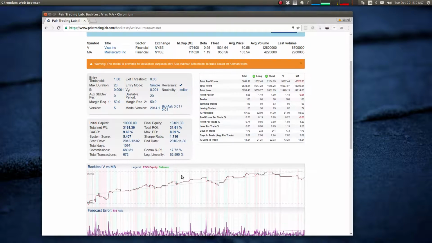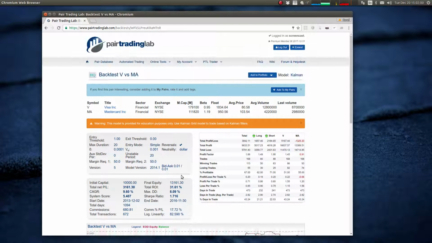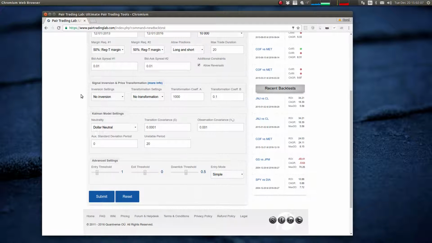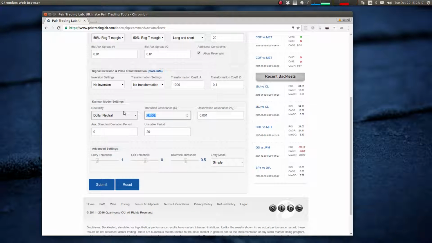But unfortunately, the Kalman filter has quite a problem, and the problem is a few parameters. Namely, the transition covariance delta, which together with the observation covariance VE, determines a lot of the behavior of these Kalman filter based strategies.